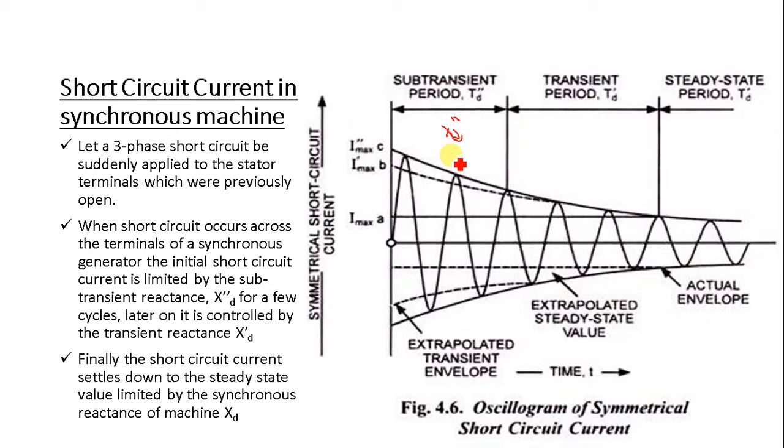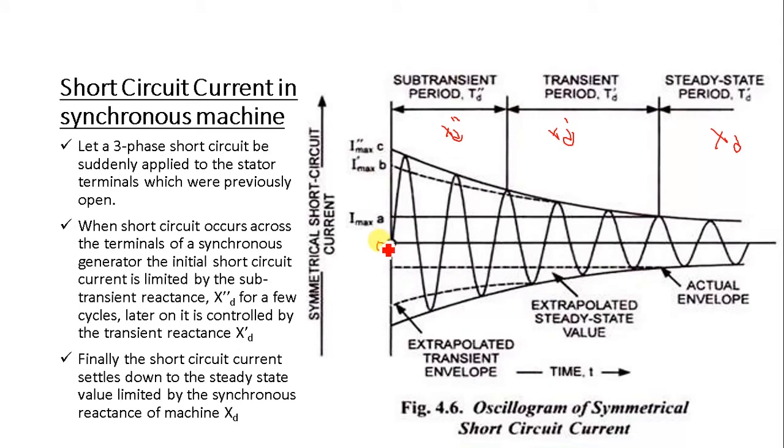The middle part is the transient period, when the machine offers only the transient reactance XD dash, and finally the steady state period, when the machine offers your steady state reactance XD. That is why here you can see in the y axis we have shown the symmetrical short circuit current, and in the x axis we are dealing with time. So this is your first subtransient period, then the transient period, and the steady state period. So initially the value of current, let's say this is the O.